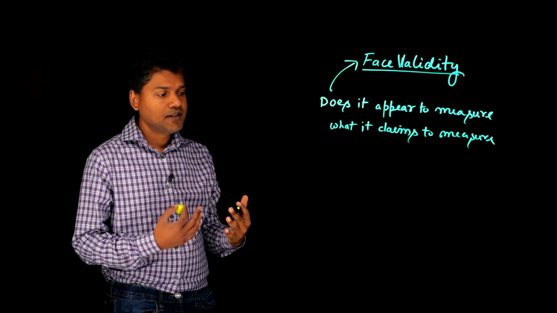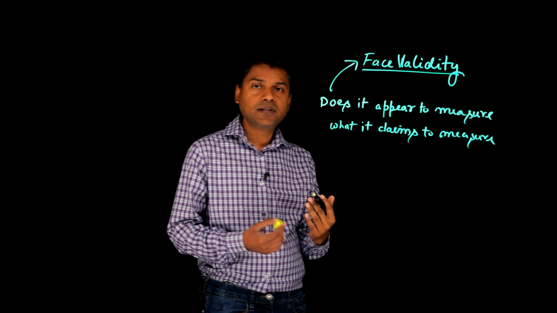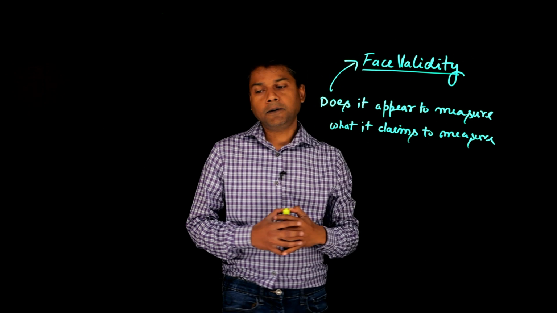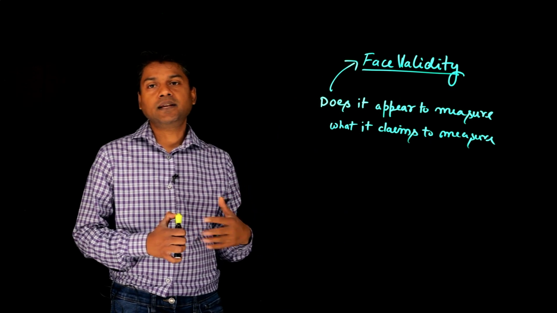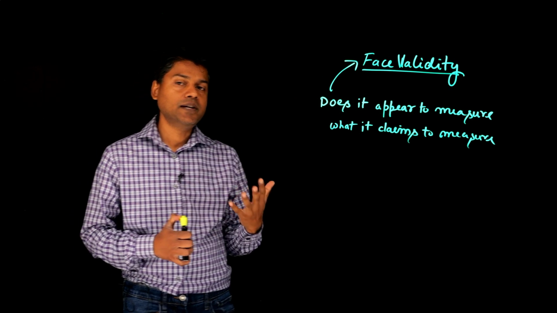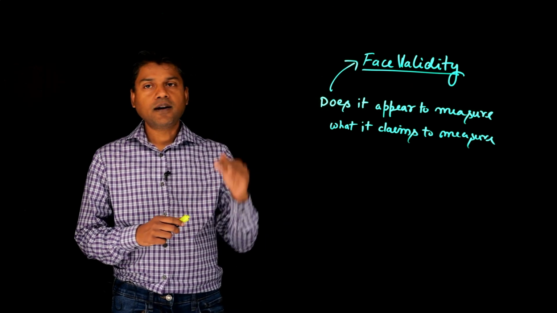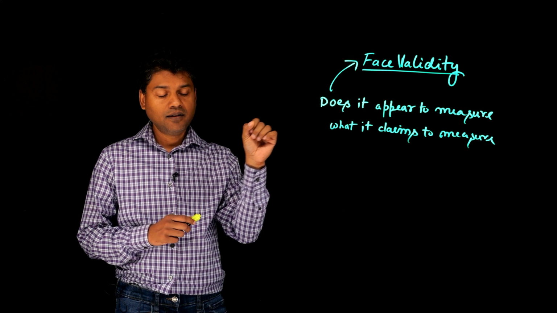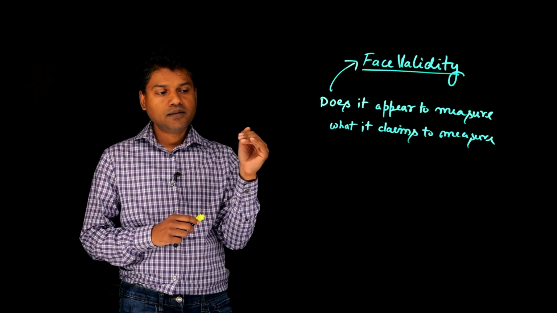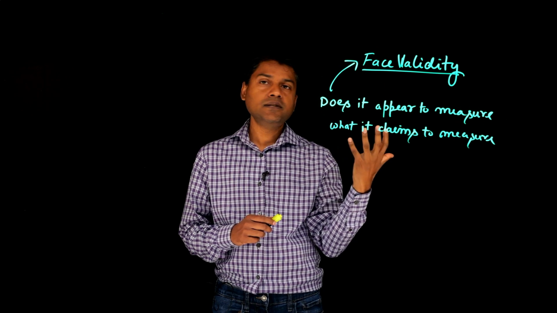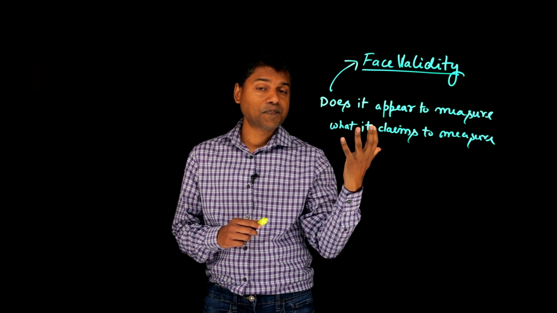So if you are using any test, let's say an intelligence test or a test which measures, let's say, anxiety, or any kind of assessment, when you read the items of that scale, do those items appear to measure what it claims to measure?